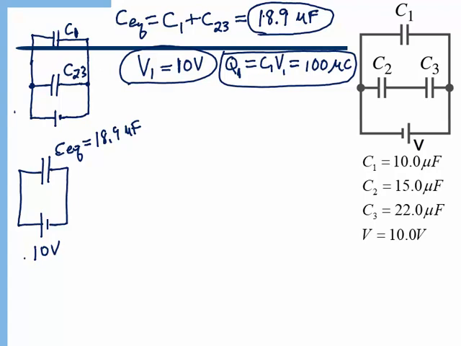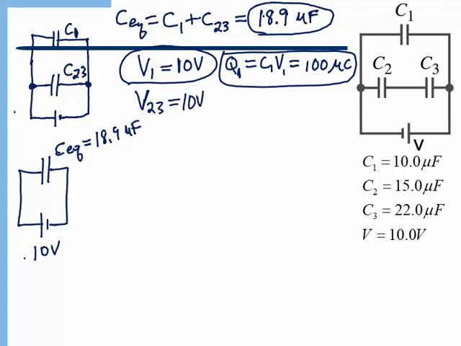The next thing I want to do is start working on C23. Notice that for C23, I also know the voltage because C23 is directly in parallel with the battery. So V23 is also 10 volts.